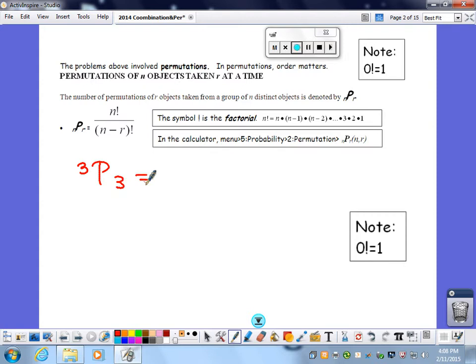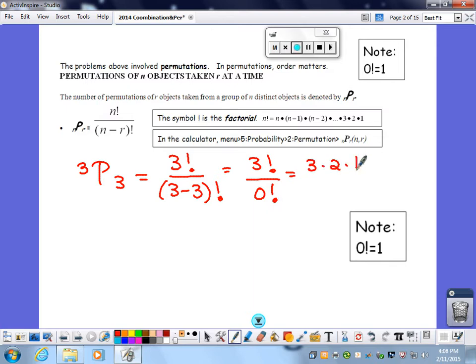So n factorial, in this case 3 factorial over 3 minus 3 factorial. So here's the formula. This gives us 3 factorial over 0 factorial. Well, look at our note: 0 factorial is always 1. So this is 3 times 2 times 1 over 1, which gives us our 6 that we found by manipulation.